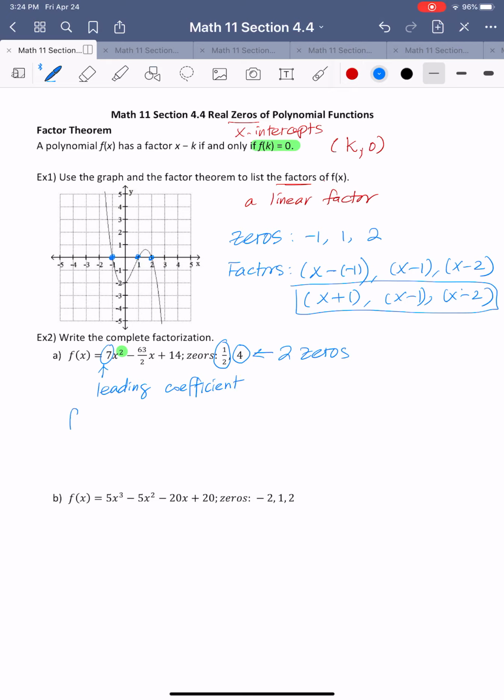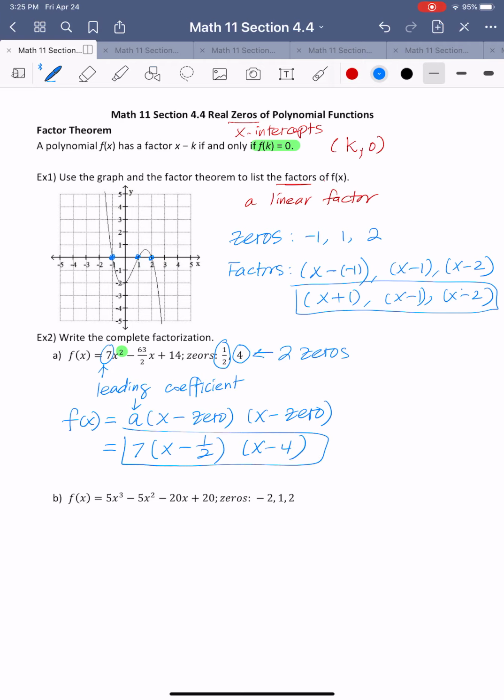To get the complete factorization form, we put the leading coefficient times x minus the zero, and then another x minus the zero. So a is 7, which is the leading coefficient, then x minus 1/2 and x minus 4, because those are the zeros already given.